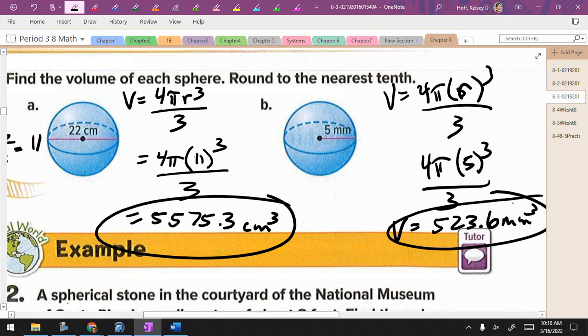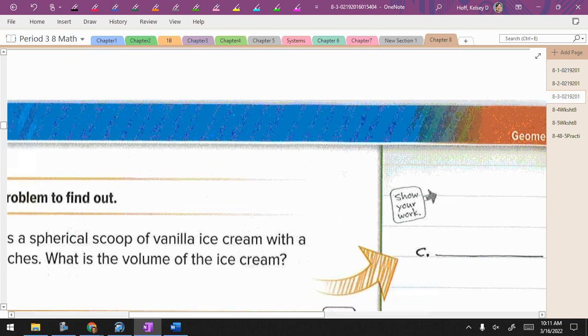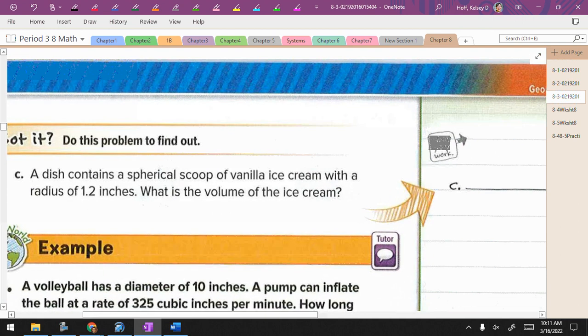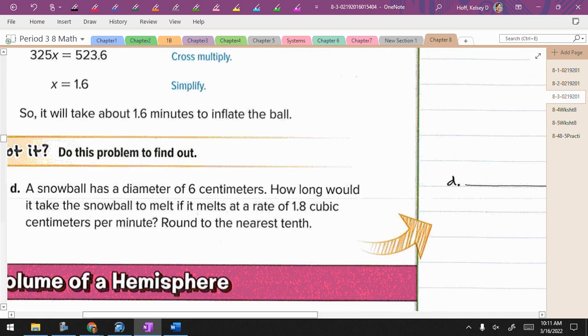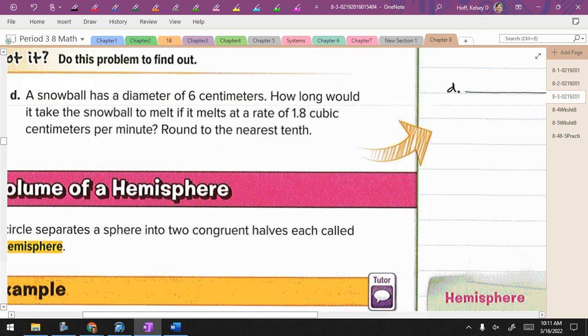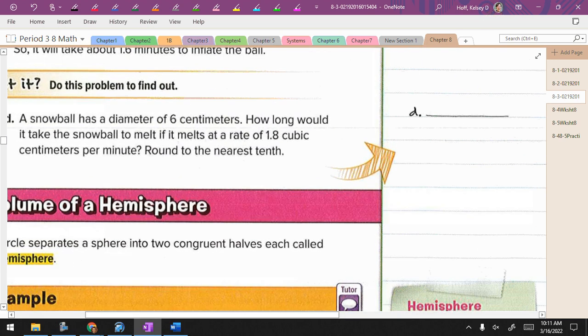Okay. Top of page 607. Got it, C. Let's skip that one. D, middle of the page. A snowball has a diameter of 6 centimeters. How long will it take the snowball to melt if it melts at a rate of 1.8 cubic centimeters per minute? Round to the nearest tenth.